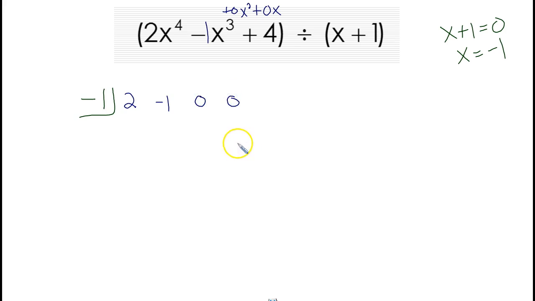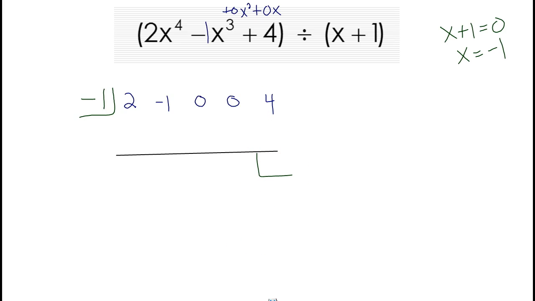Even though there's nothing there, we still use those placeholders. So we got 4, 3, 2, 1, and then our constant term always goes last. Give yourself a little space and draw a line. You might go ahead also and separate out the remainder over here. Go ahead and give yourself an L so that you know that's your remainder.